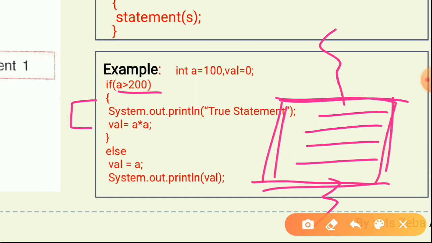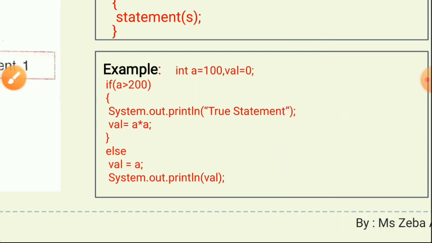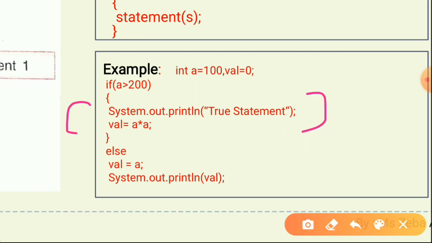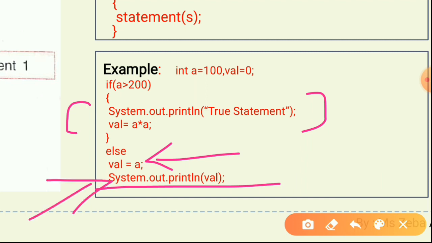So when I say the word compound statement, please assume you have more than one statement in your brackets. In the else portion we have only one statement. This System.out.println is outside the if else block, so anyhow, whether your condition is true or false, this line will get executed.